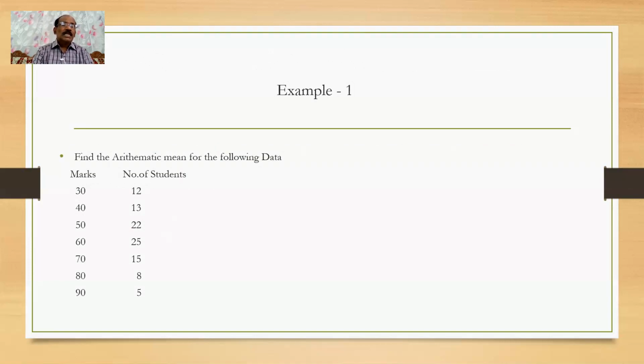That means 12 students got 30 marks, 13 students got 40 marks, 22 students got 50 marks, 25 students got 60, 15 got 70, 8 got 80 marks, and 5 students got 90 marks.